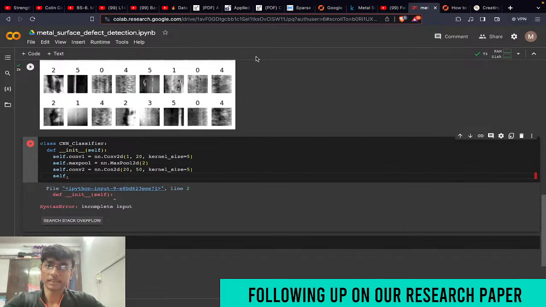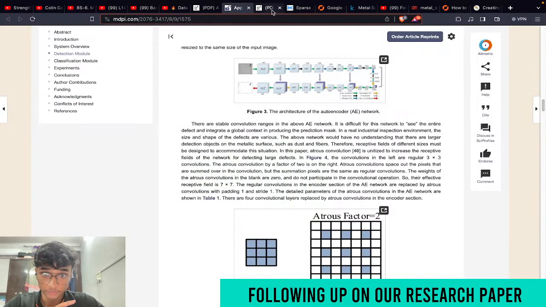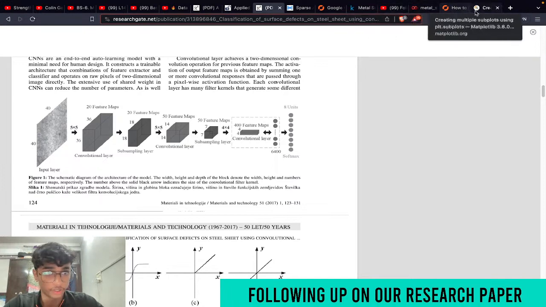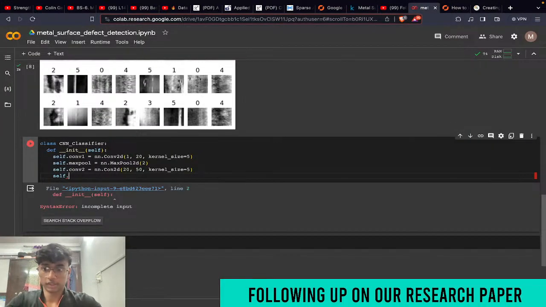Now we apply another subsampling layer that makes it 7 by 7, right? And after that, we apply a 4 by 4 convolution which takes the 50 to 400. Self.conv3 and then Conv2d 50 to 400 with a kernel size of 4 this time.